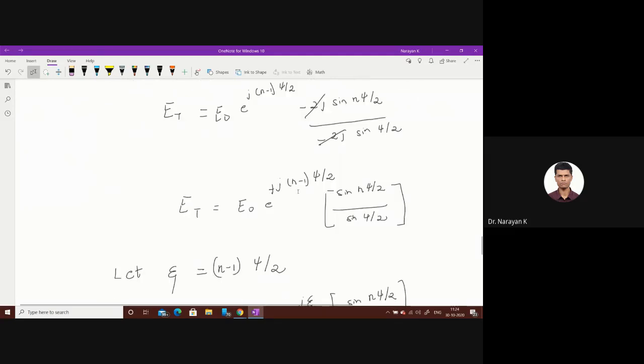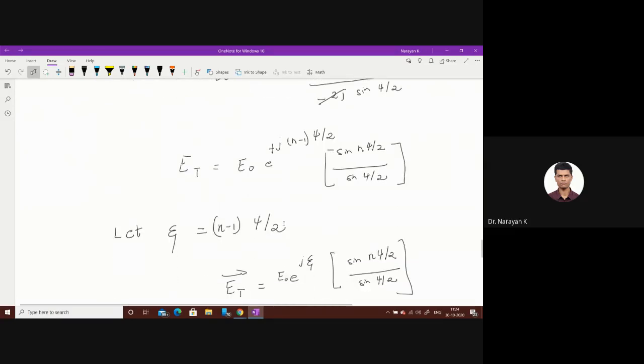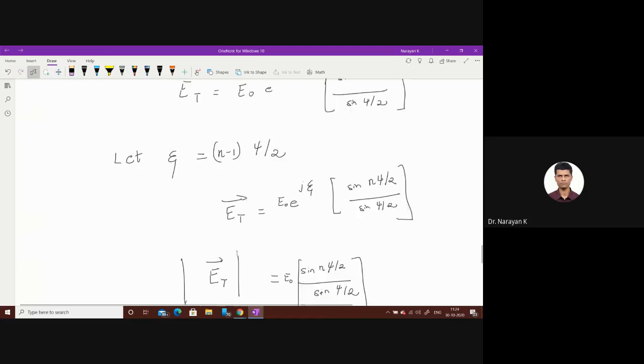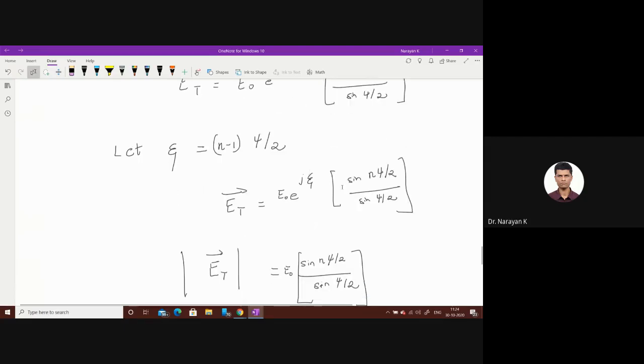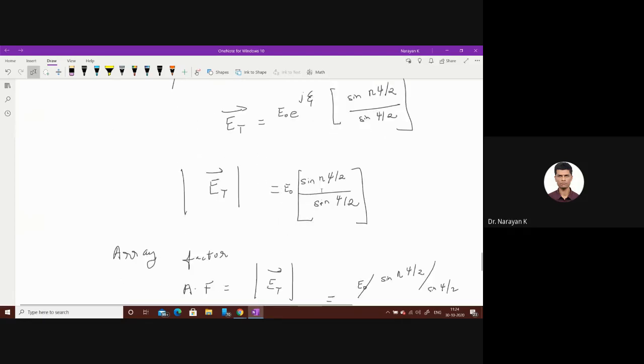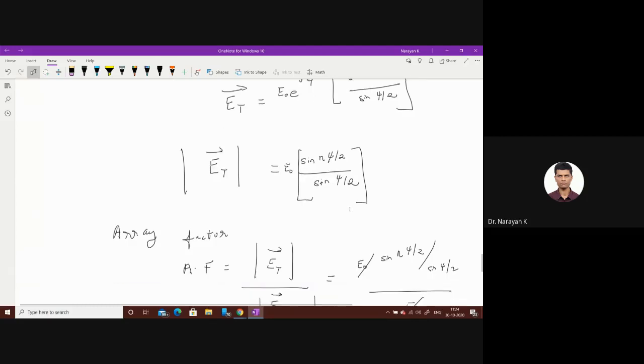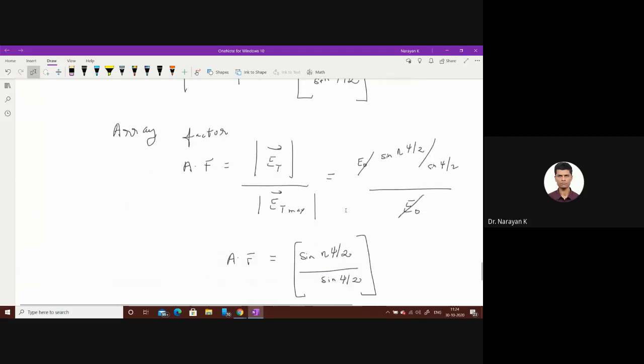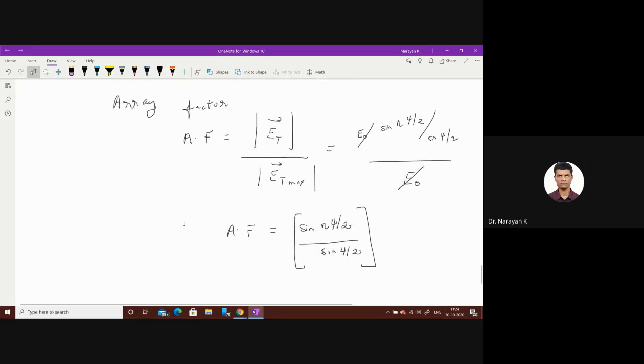Then I define zeta equal to (n minus 1) psi by 2. So your total electric field will be E0 e raised to the power j zeta sine n psi by 2 divided by sine psi by 2. The magnitude of the total electric field Et is E naught sine of n psi by 2 divided by sine psi by 2. Then I define the array factor as the total electric field divided by the total electric field maximum value.